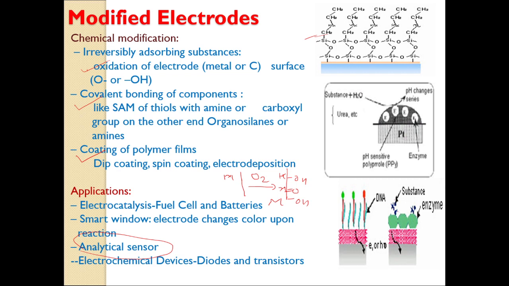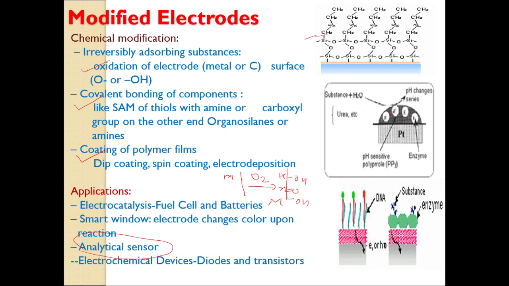If a particular molecule is not getting selectively deposited on the electrode, we can modify the surface of the electrode so that the molecule can adsorb, oxidize or reduce on its surface. There may be bonding, maybe a covalent bond, or it can form in other ways. Here is shown the substrate plus urea on a platinum electrode.